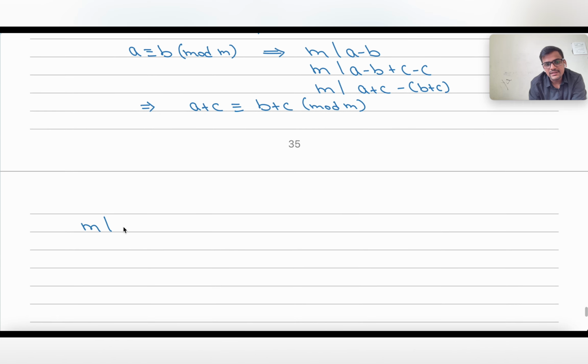Now for the second one, is AC congruent to BC modulo M? We know that M is dividing A minus B. This will imply A minus B is nothing but Km. Now if I multiply with C, then what will happen? A minus B times C will come, and then KCM will come.